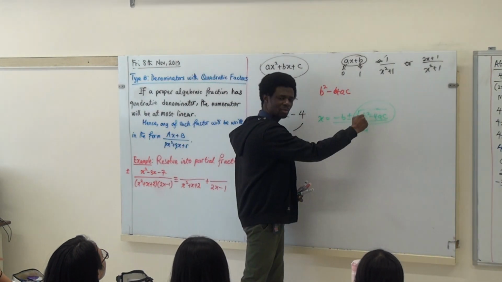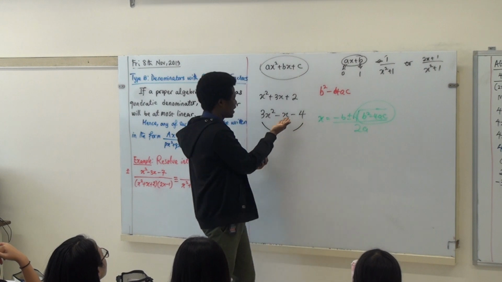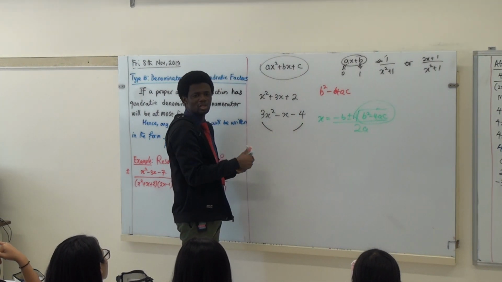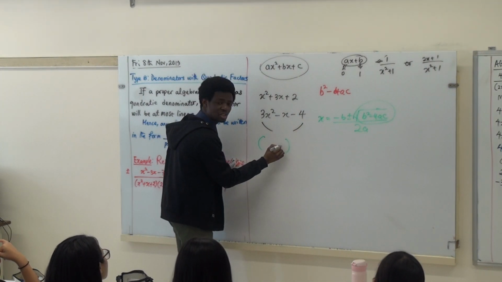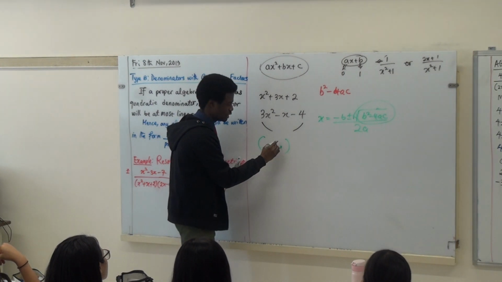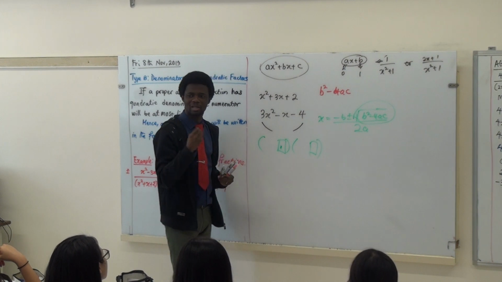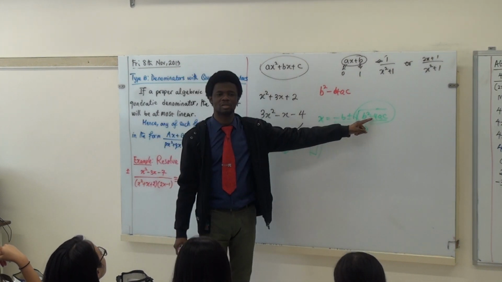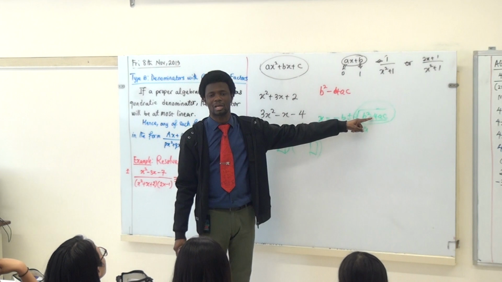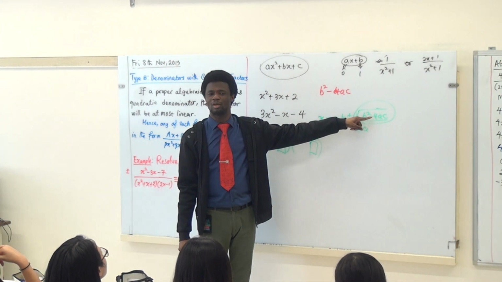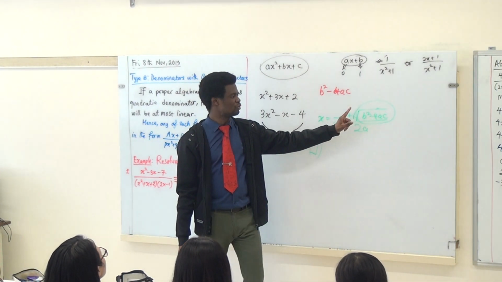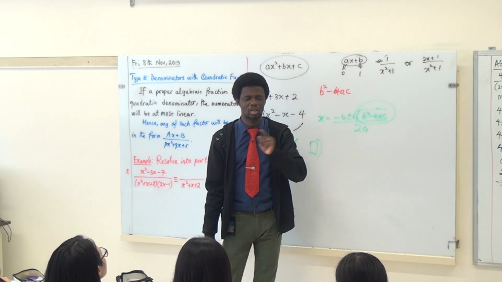Once this is a decimal, what does that say about factorization? It means you cannot have that concrete integer to be put here. You know there will be some integer here, then there will be some other integer here. So you don't have that concrete integer because you come up with a non-terminating decimal here. And you can only have a non-terminating decimal if your b squared minus 4ac does not give you a perfect square.